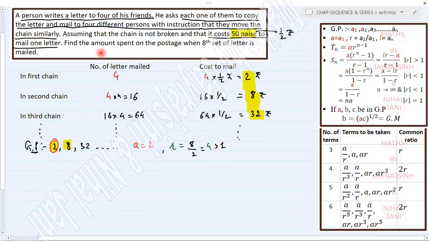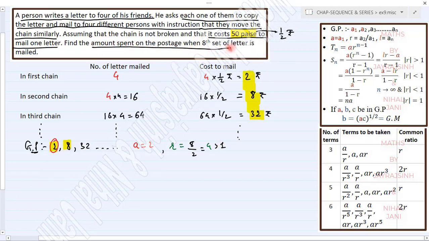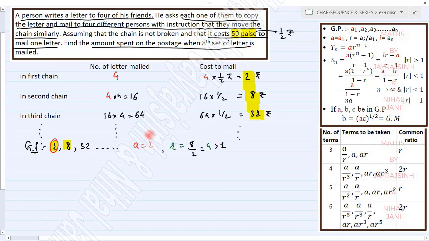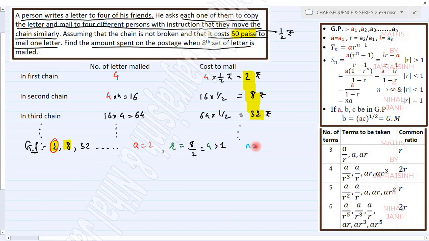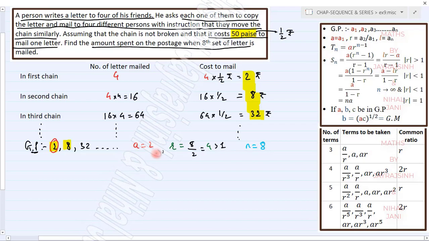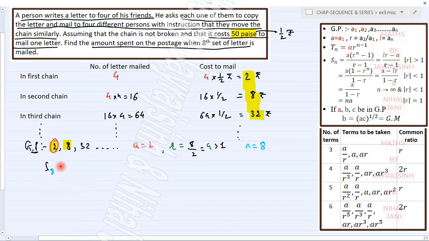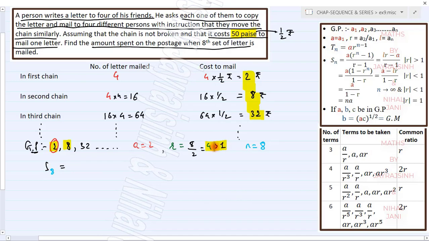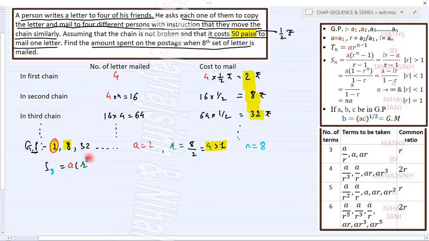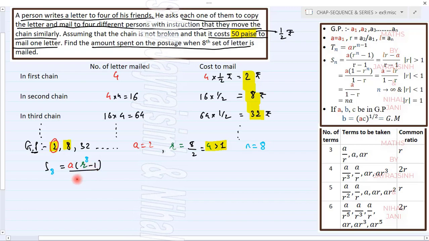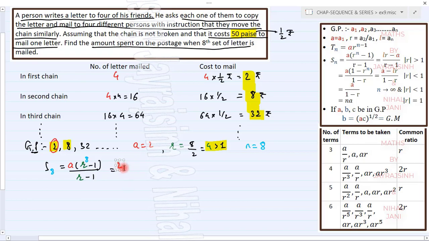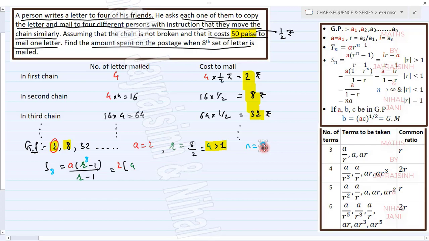And we have to find the amount spent on postage when the 8th set of letters is mailed. So to find the total cost at the 8th step, we have to find S8. And for r greater than 1, the formula is a into (r raised to 8 minus 1) upon (r minus 1), where a is 2, r is 4 and n is 8.